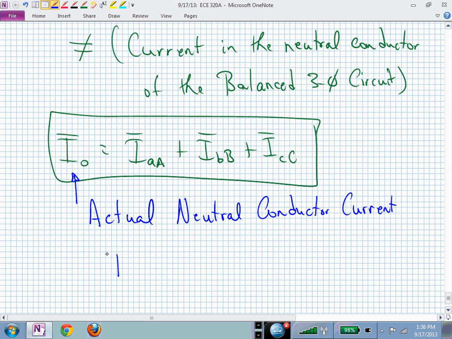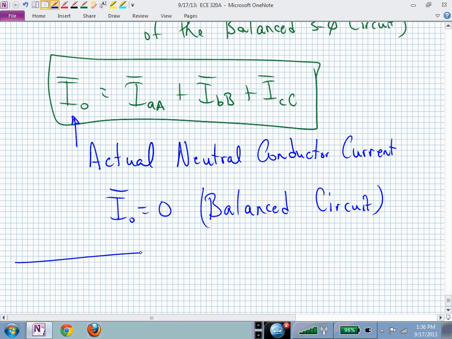And we know that I sub 0 is equal to 0 under what conditions? When we're dealing with a balanced circuit or a balanced system. Questions on that?